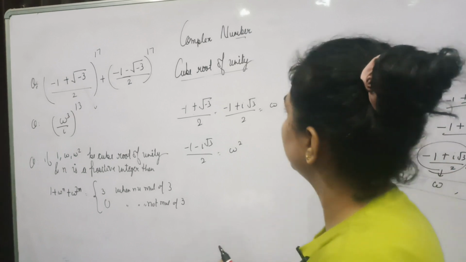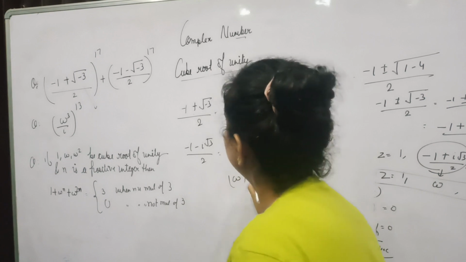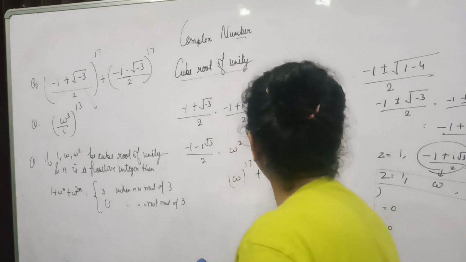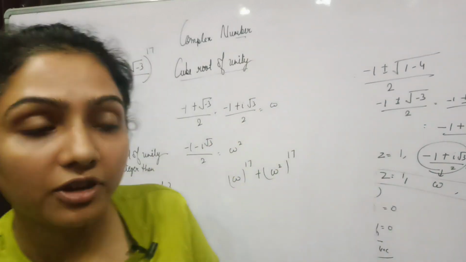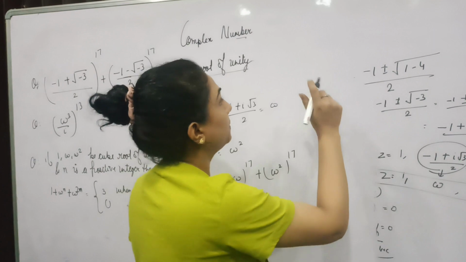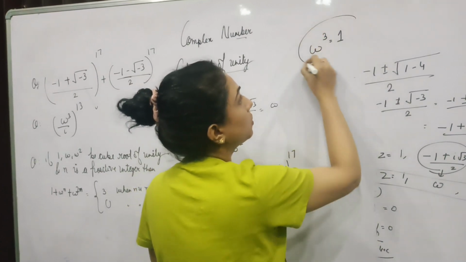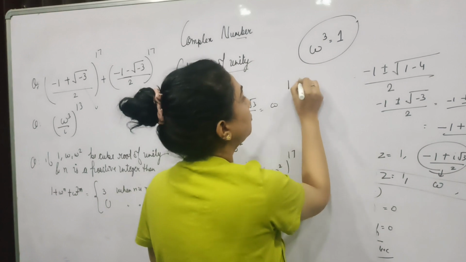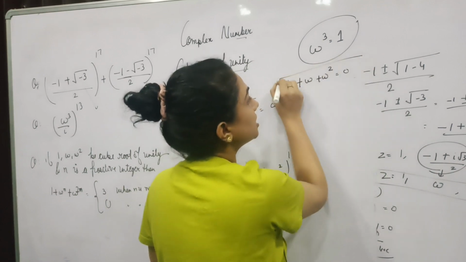The value is omega raised to power 17 plus omega square raised to power 17. See, we have two important formulas of this omega. The first one is omega cube is always equal to 1, and the second one, 1 plus omega plus omega square, is always equal to 0.